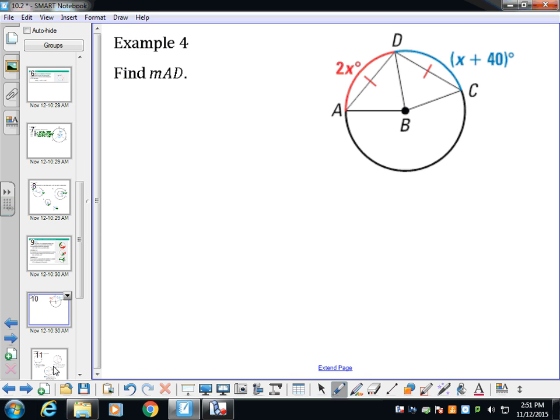So in example 4, we can use theorem 10.4 to find the measure of AD. Because AD is congruent to DC and arc AD is congruent to arc DC, we can set those two things equal to each other. So x equals 40.